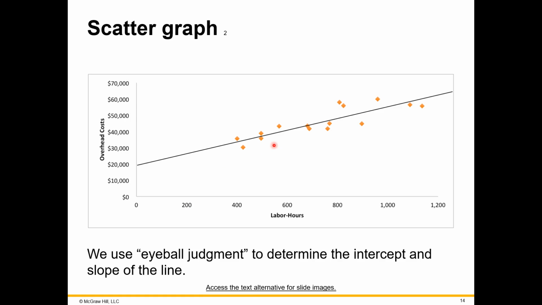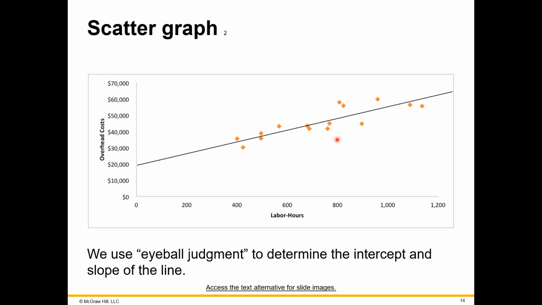Ideally, there would be an equal number of points on the top of the line and on the bottom of the line. But that's just one thing to eyeball whenever trying to draw this line. It's really not a super exact way to do a regression analysis, but it can still be very helpful.